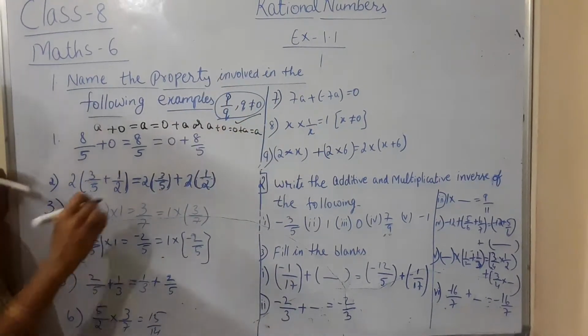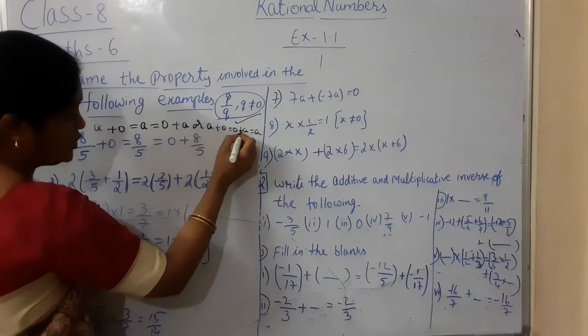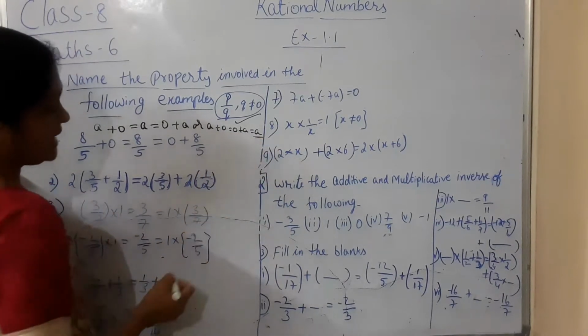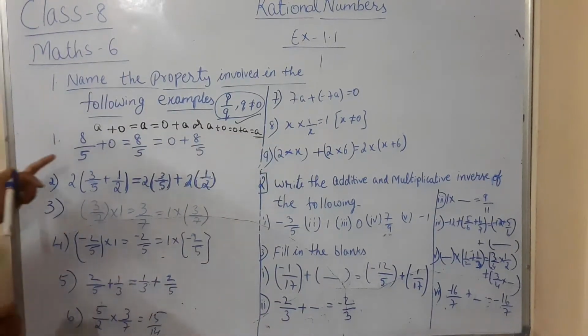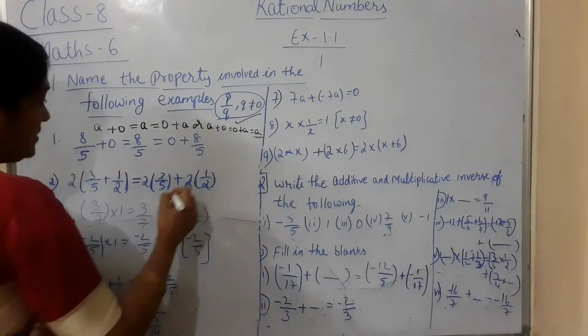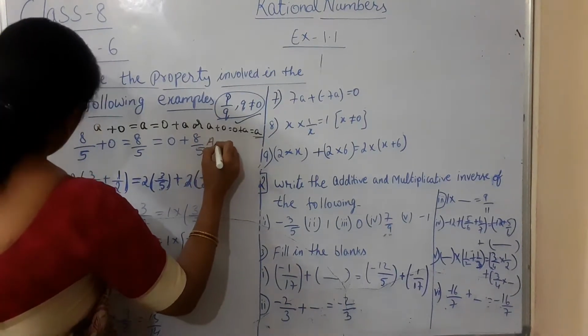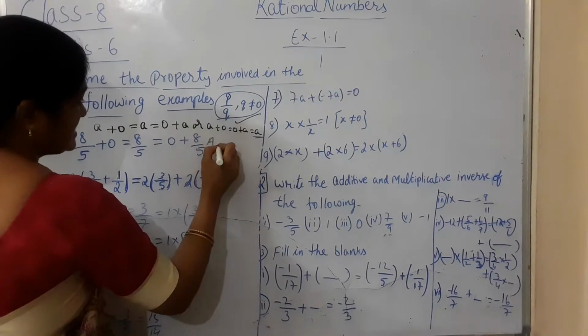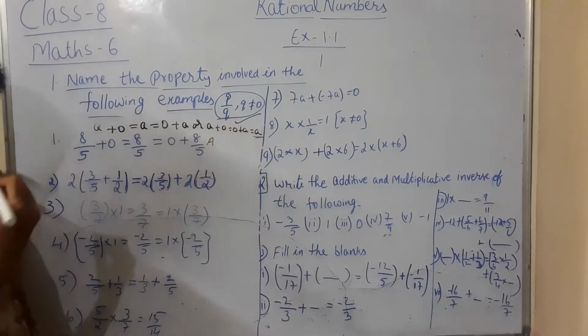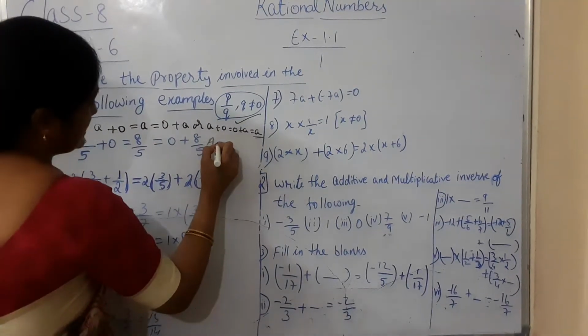So if you add any number to 0, or 0 is added to any number, you will get back the same number. So 0 is called the additive identity. So the first one satisfies the additive identity property.